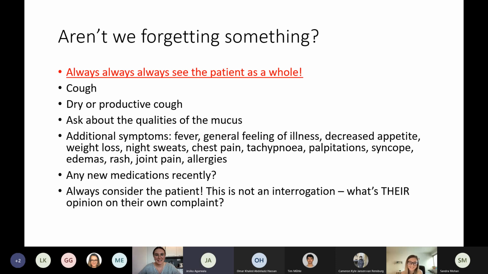It's very important to always see the patient as a whole. So you should ask about the accompanying symptoms of their dyspnea, because very rarely a patient comes in with isolated dyspnea, maybe in an anxiety attack, but even then they will say, oh, I have tightness in my chest, or I have chest pain, and those kinds of things.